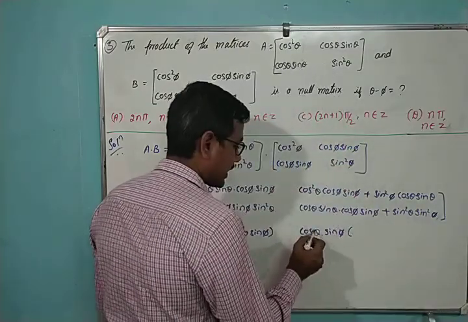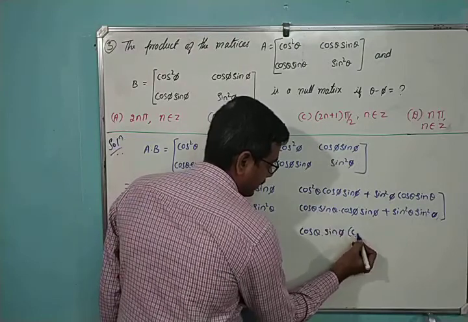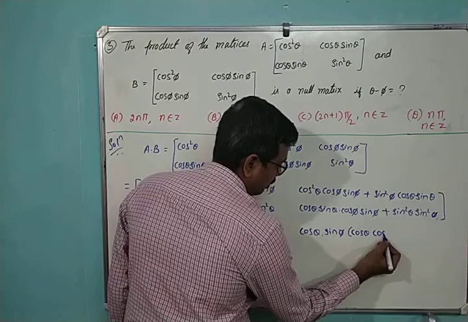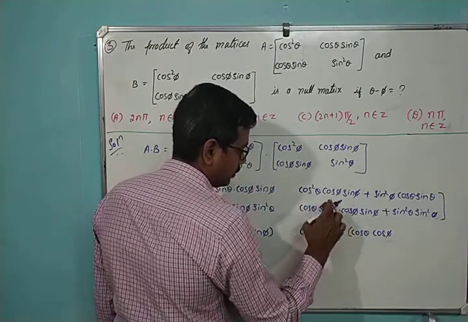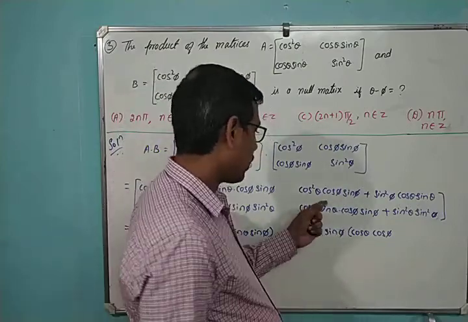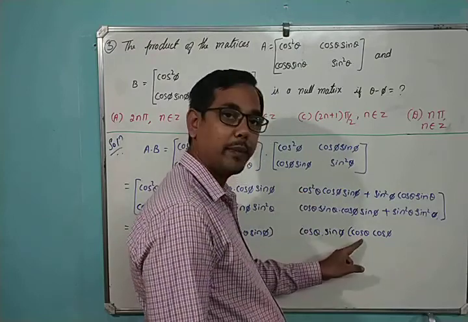Cos square theta is taken out. So here cos theta into cos phi, right? But cos theta and sin theta are here. So one cos theta is outside, one cos theta will be inside.